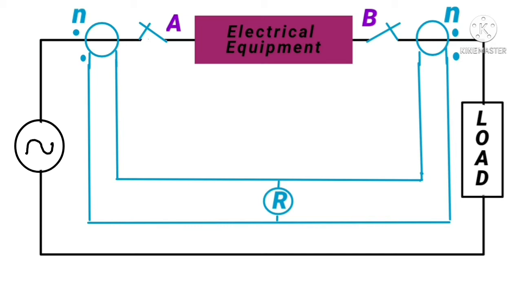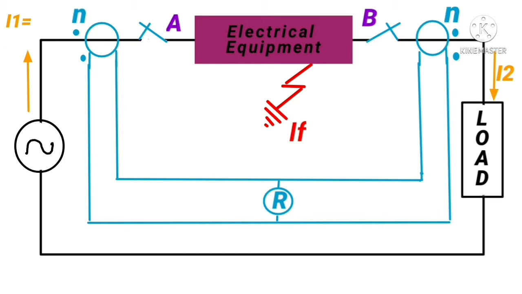Now let's consider that a fault appears in the equipment being protected with differential protection. Let's say IF is the current flowing through the load. In this case, our source is basically feeding two components: one is going to the load, and the second component is going to the ground fault. Let's collectively call this current I1.